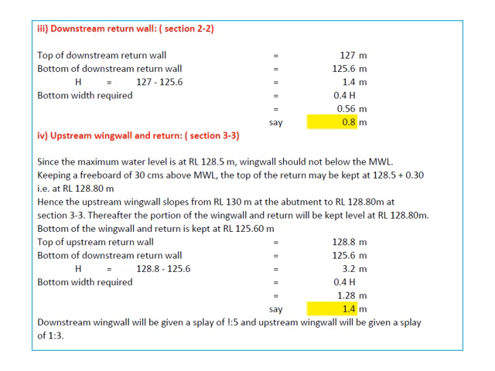The bottom of the return wall is kept at 125.6, so that gives the height. Therefore 0.4 times h will give 1.4 meters. The downstream wing wall is given a splay of 1 is to 5, whereas the upstream wing wall is given a splay of 1 is to.